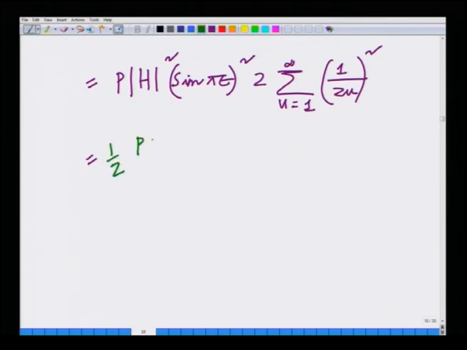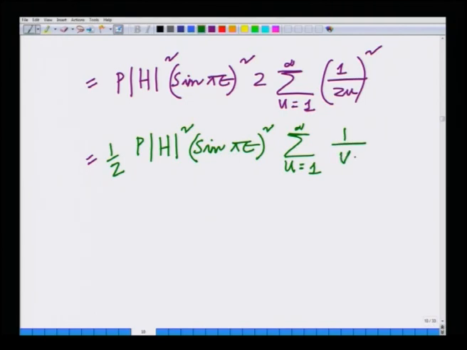This is nothing but half P magnitude h square sin pi epsilon square summation u equals 1 to infinity 1 over u square, all right, and this is simply the sum 1 over u square, where u is the set of all positive integers, and this has a standard result, we know the result of this summation, this is simply pi square over 6.